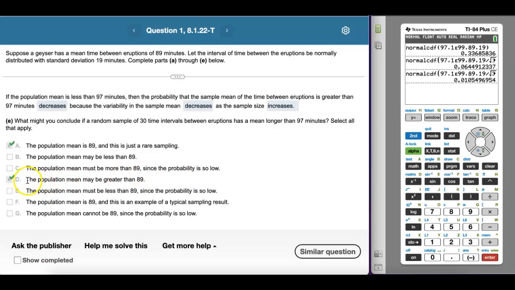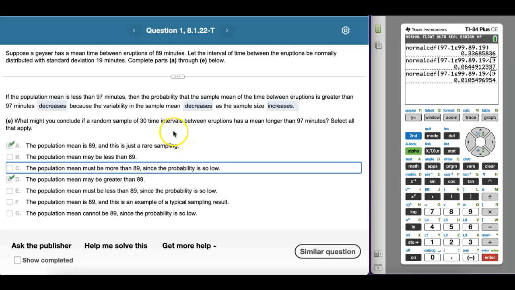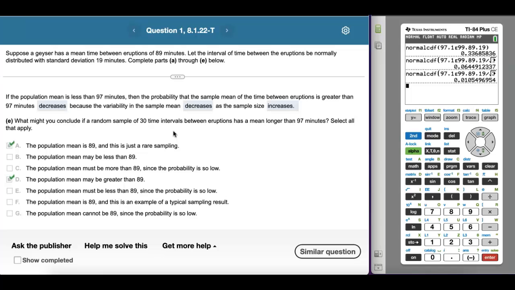It could mean that the population mean may be greater than 89, because this is a very unlikely result. I can't say that it must be more than 89. Remember, probability statements are very rarely definitive statements like that. Or it could still be that the population mean is 89 and this is just a rare sample.